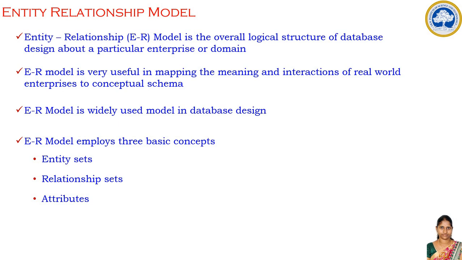If we are taking any application and going to maintain the database for it, who are all the major roles in that application, or which one is contributing the most important part? Those things we have to identify. That is called an entity set.